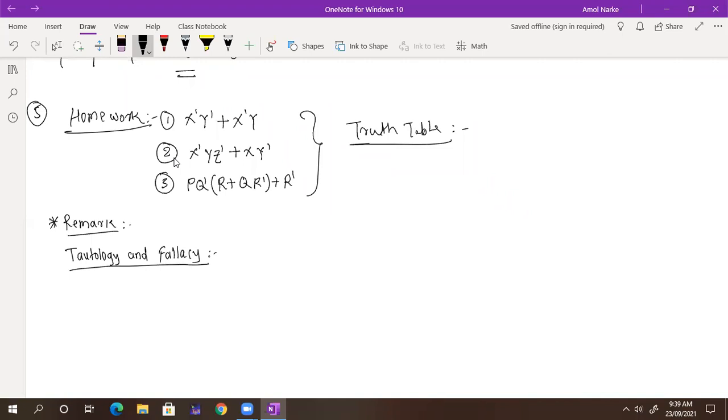So when the statement is tautology, if the output of Boolean expression is always what?